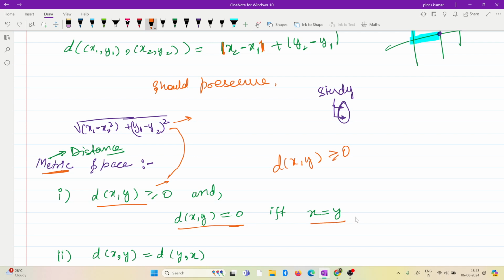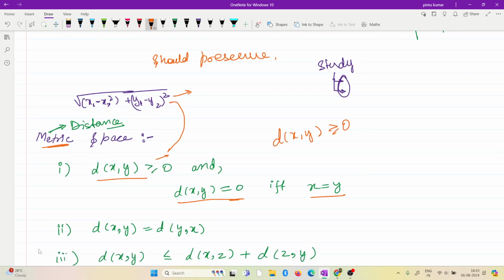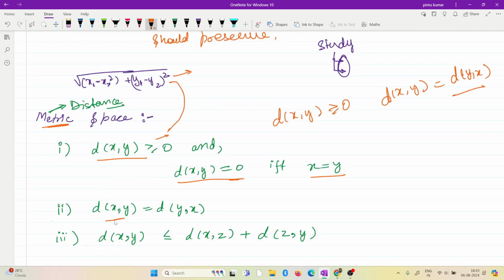If they are not the same point, then I should have non-zero distance between these 2 points. Okay. This is the most basic thing that we can assume. The second property is that if I go from x to y, or if I come from y to x, my distance should be the same. So distance between x and y and between y and x should be the same, right?